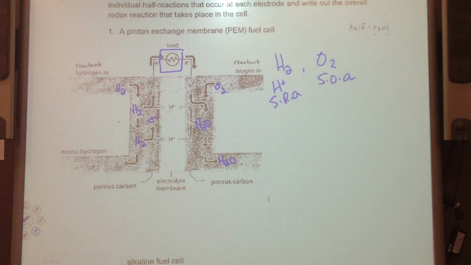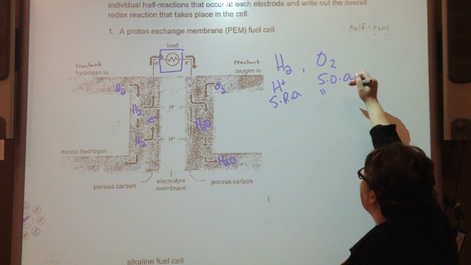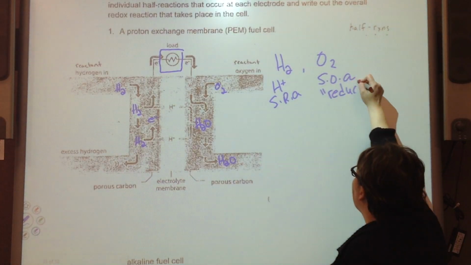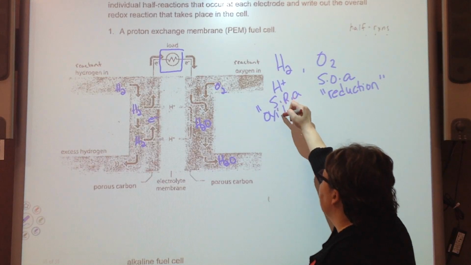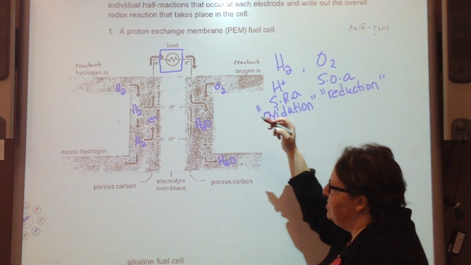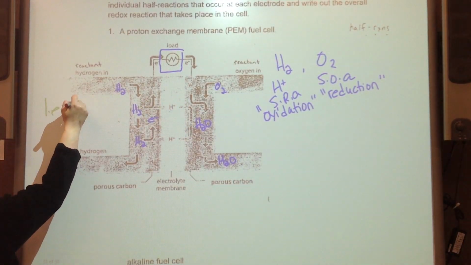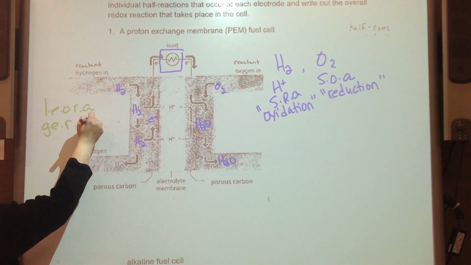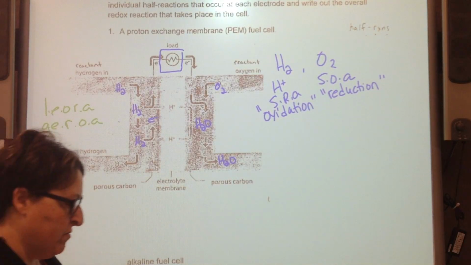So once we've identified those, if this is my oxidizing agent, which half reaction is this? Reduction. And this must be then oxidation. Okay? Those that are struggling, don't forget this part. That's why I kept stressing, make sure you're writing that down.